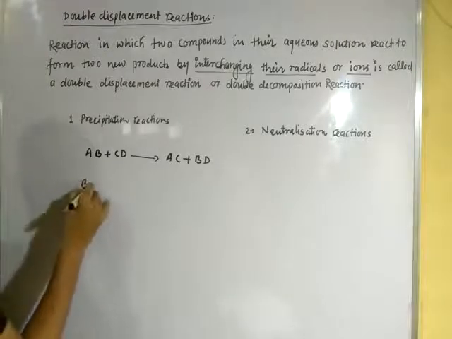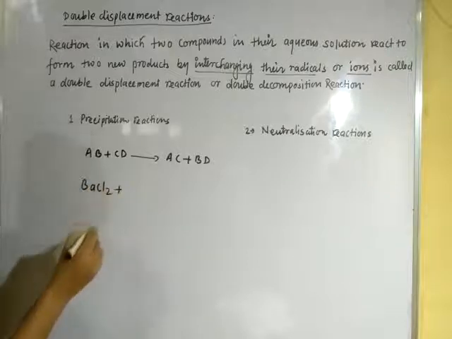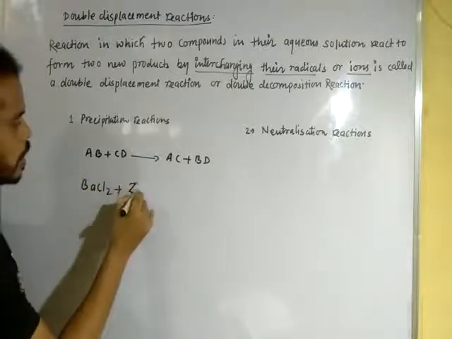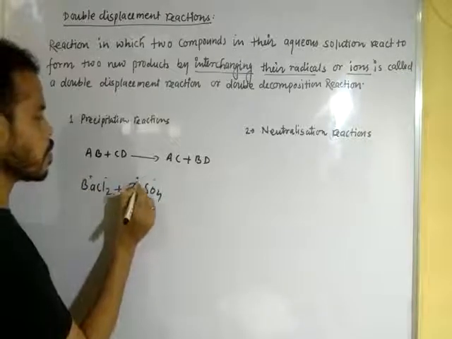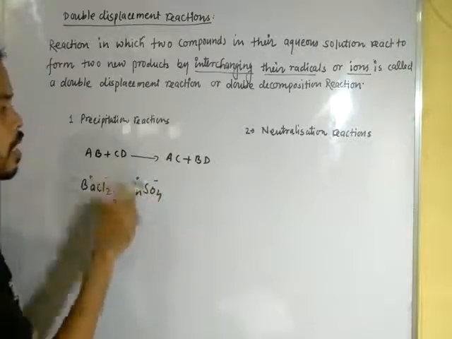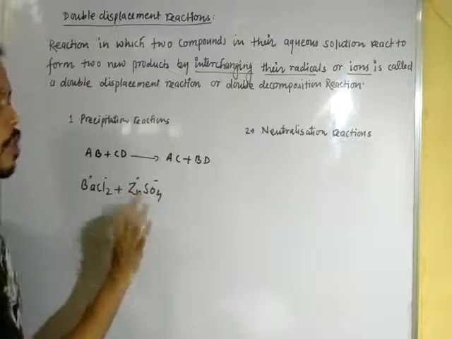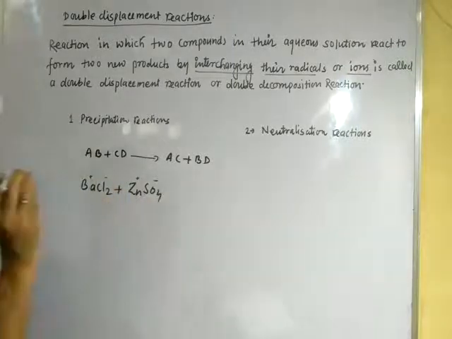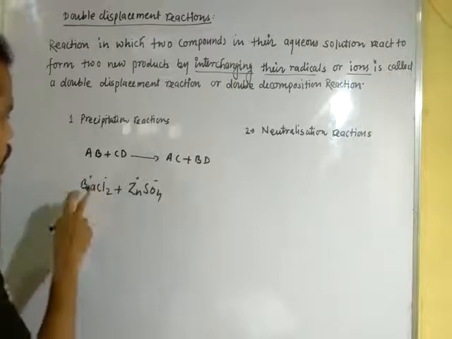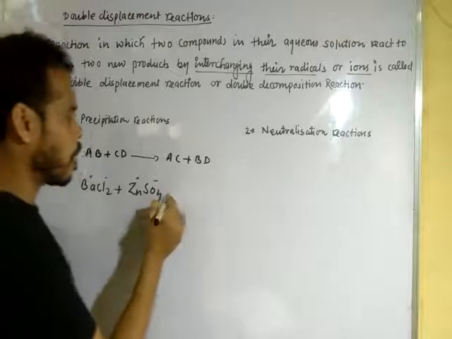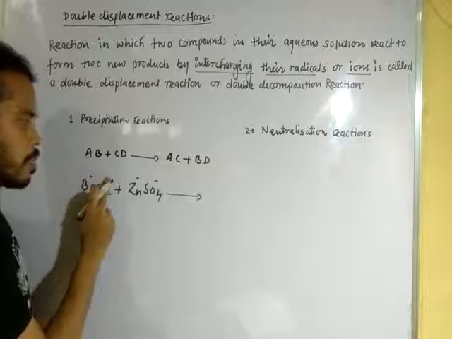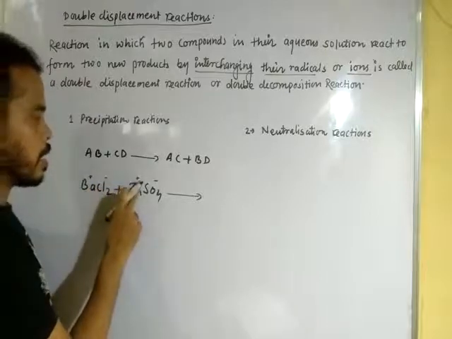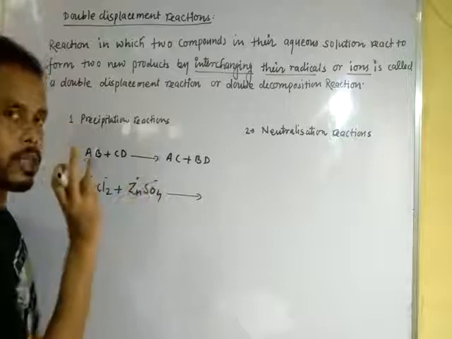But in the case of a real reaction, we can see how. Suppose barium chloride, BaCl2, is treated with zinc sulfate, ZnSO4. You know this is the positive part, this is the negative part. Here I am not taking the charges, I only want to pay your attention to the charges. Barium has two positive charges, zinc has plus two charge, and sulfate has minus two charge.